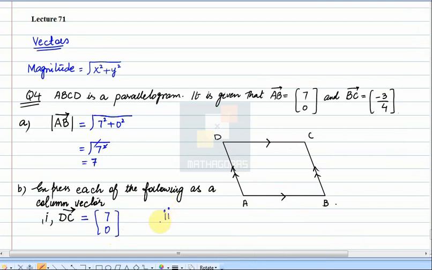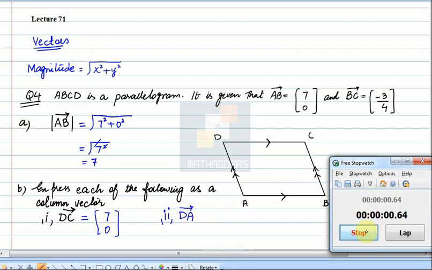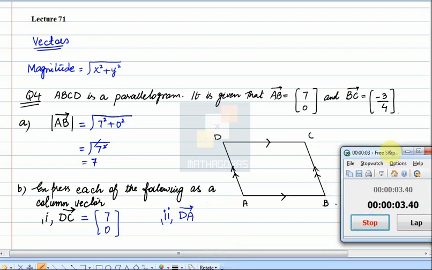For the next part, you need to find the vector DA. Now, most of the students will do it wrong. And again, you have 30 seconds for the vector DA. Done? Alright.